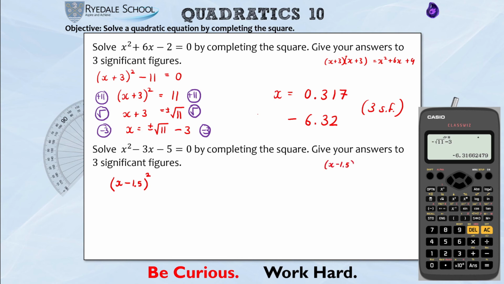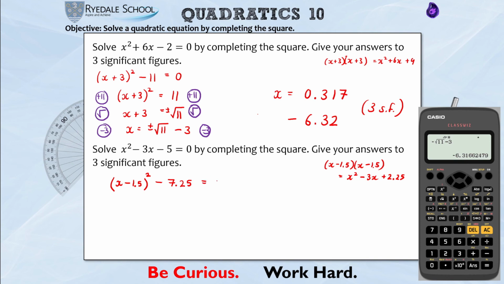But we need to do negative 1.5 expanded. And this would be x squared take away 3x. And 1.5 squared is 2.25. So how am I going to get that back to negative 5, which I need? It's minus 7.25.